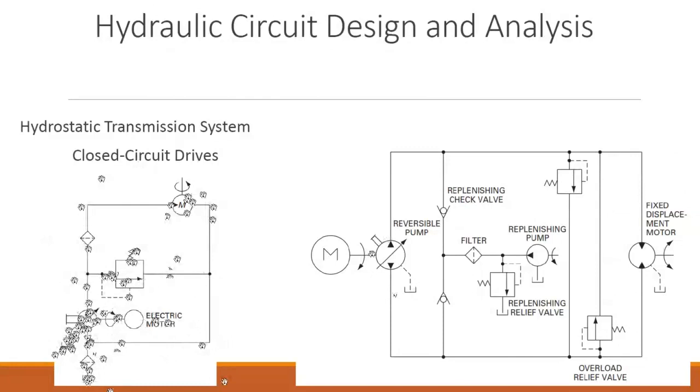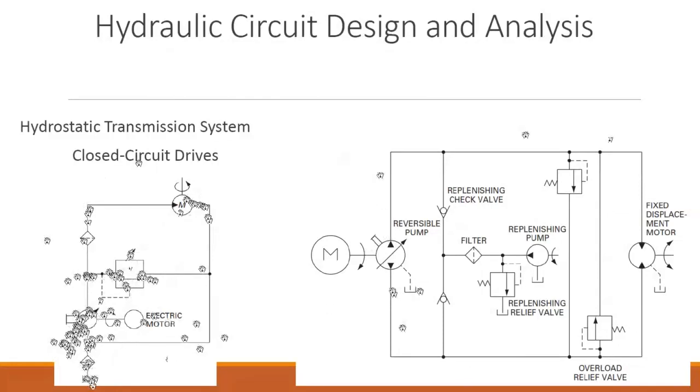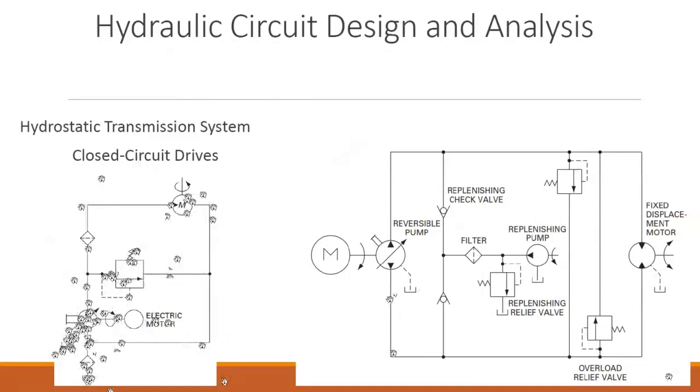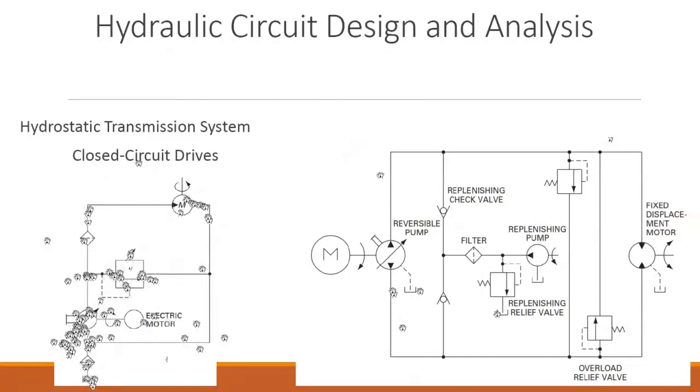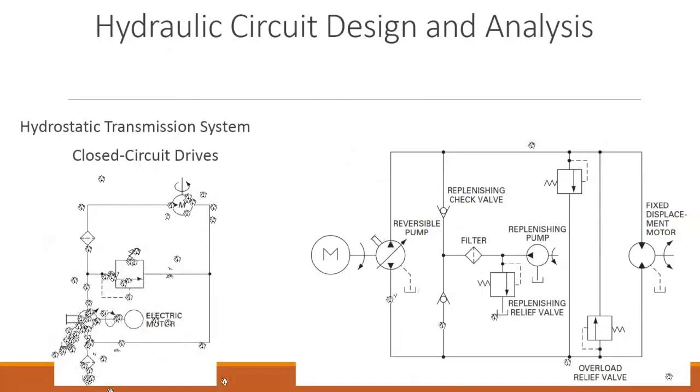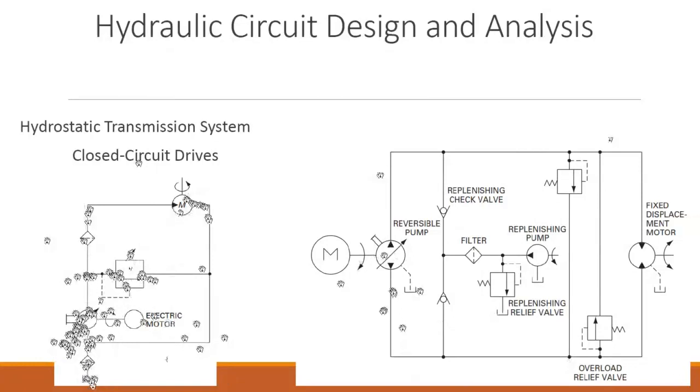Now this one is a little bit more complicated, but of course it is again a closed system, a closed circuit system in which you see that the oil is just being circulated and it doesn't go back to the tank. So let's try to see the whole functioning, and then we see if there is any leakage, and that leakage is covered by what means.